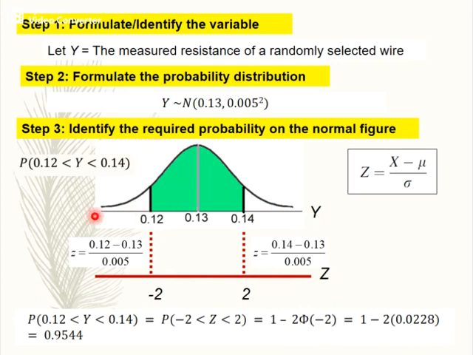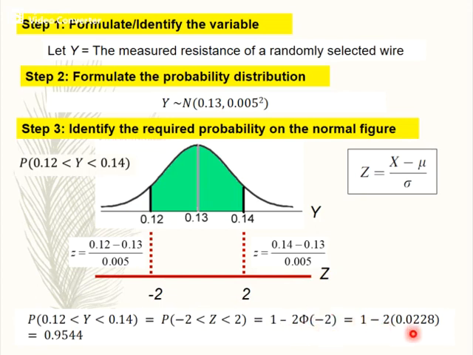And remember, we said this is symmetric. That means the probability below -2 is the same as the probability above +2. So you can just go to your tables, look for the probability less than -2, and then double it. That's where we get 1 minus 2 times Φ(-2).